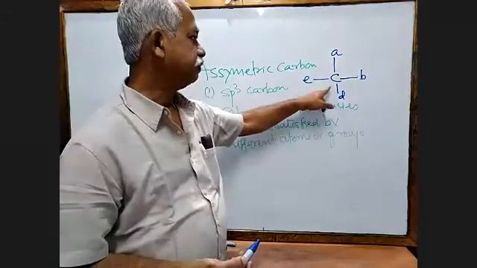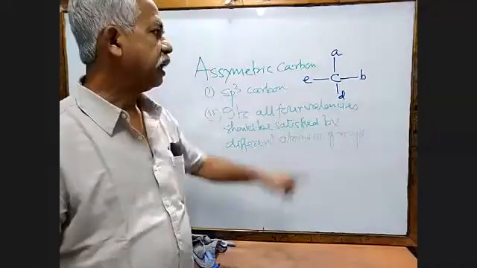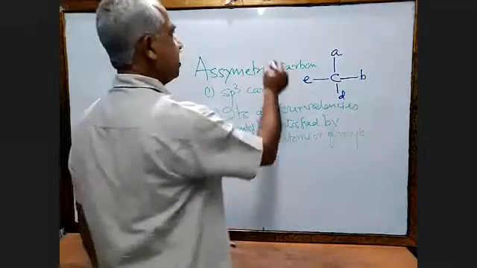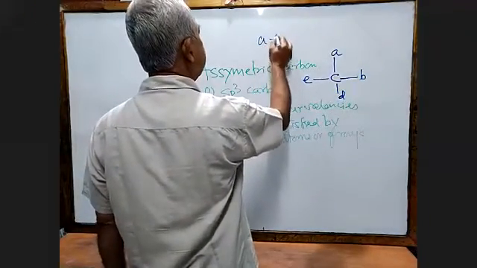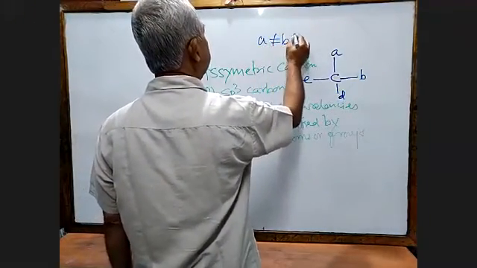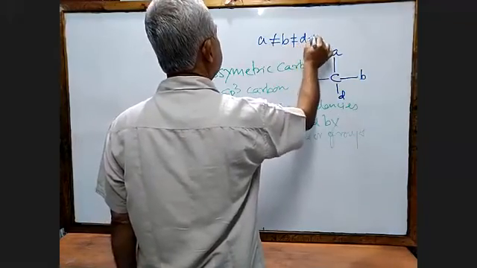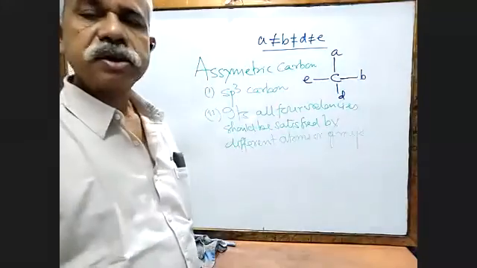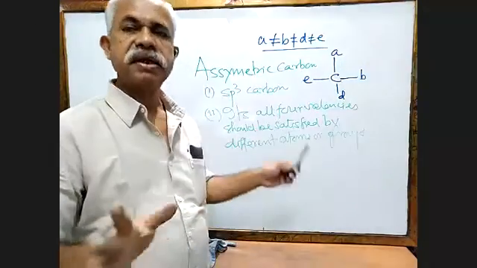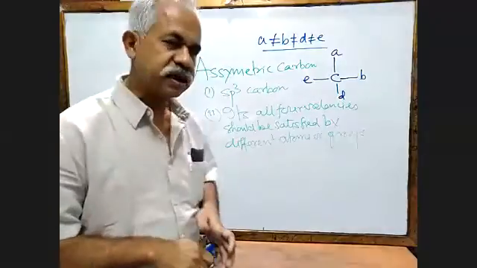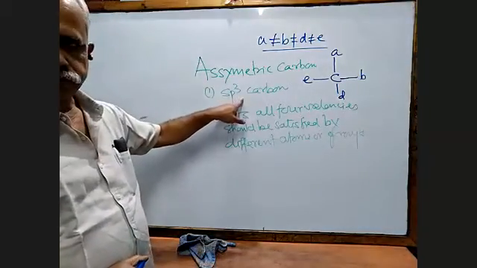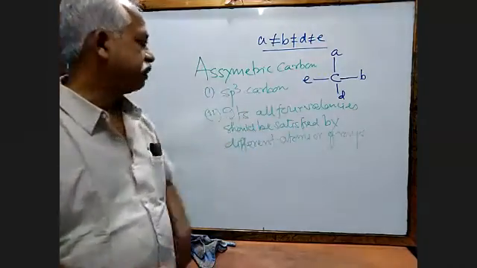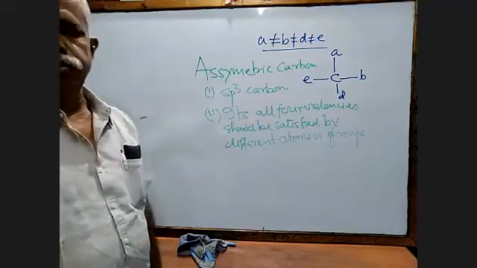It should be sp3. And here all of them are different: a is not equal to b, b is not equal to d, and d is not equal to e. If anyone asks you the definition of asymmetric carbon, you write: it should be an sp3 carbon, and all four valencies should be satisfied by different atoms or groups. Because in your book, very interestingly, this is not mentioned.